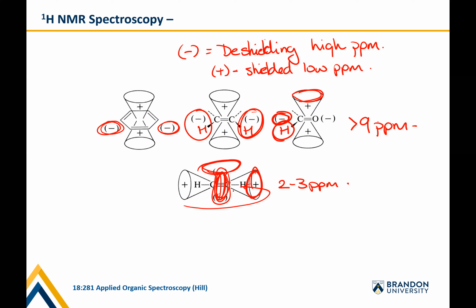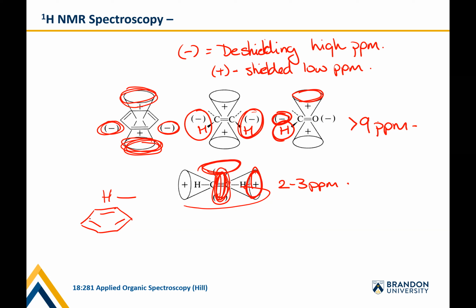Which is interesting, and people have done this, you'll notice that the regions right above rings are heavily shielded. So if you were to put a proton above a ring, it should be in a shielded zone.